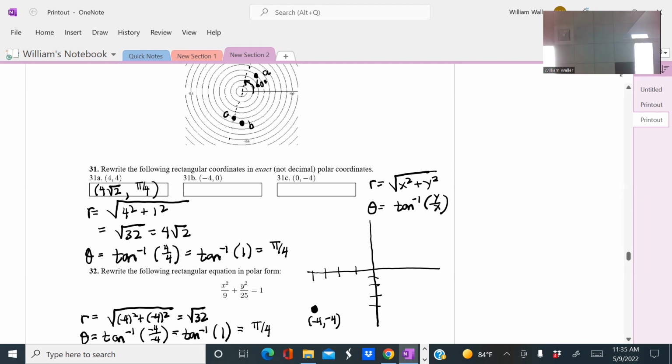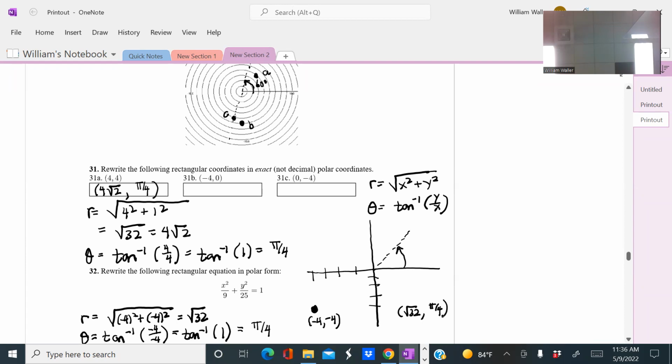You get pi over 4. But where is the angle pi over 4? That's in the first quadrant. See, pi over 4 is in the first quadrant. So if you're not paying attention, you would write down as the answer square root of 32 and then pi over 4.